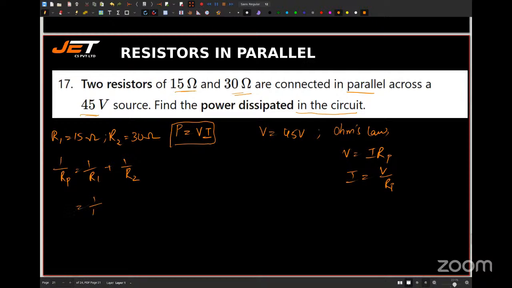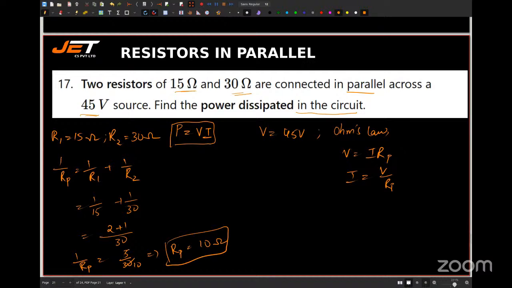So 1 by 15 plus 1 by 30. What do you get? It is 30. It is 2 plus 1, right? It is 3 by 30, that is 1 by 10. So here RP will be 10 ohms. Simple. This is the RP value.